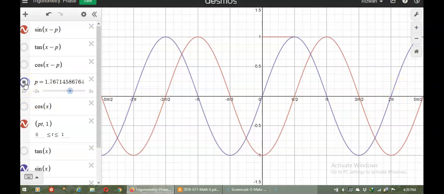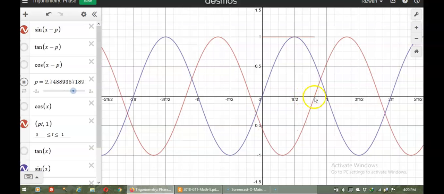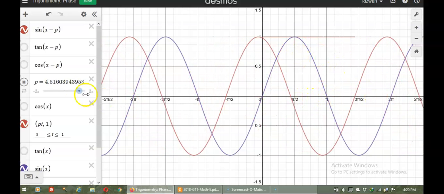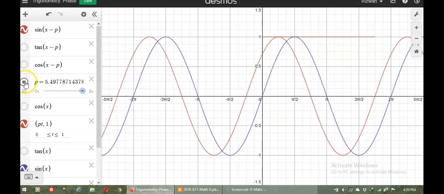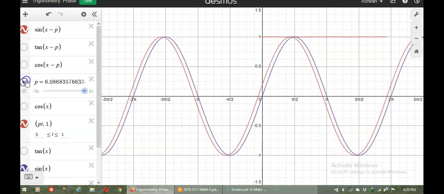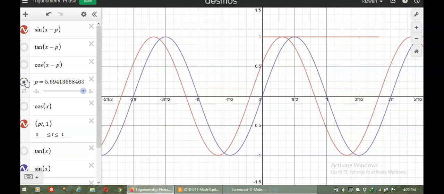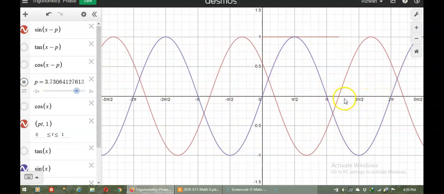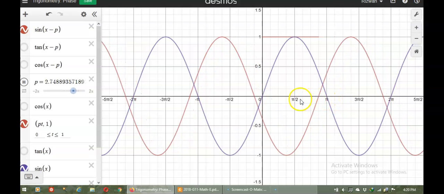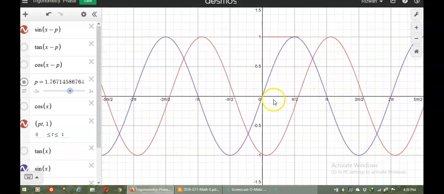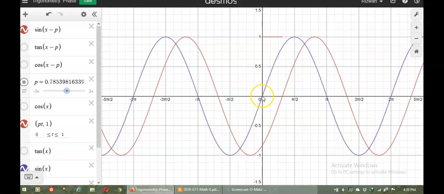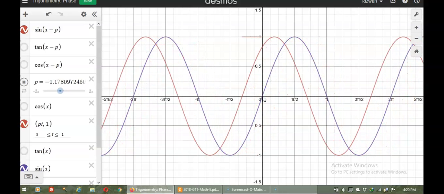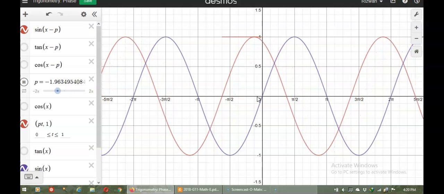At pi it is not superimposing, and at 2 pi you can see that it matches the blue graph. Similarly, coming back from 2 pi, when it reaches 0 it will be superimposed on it. This is showing that the periodicity is 2 pi.